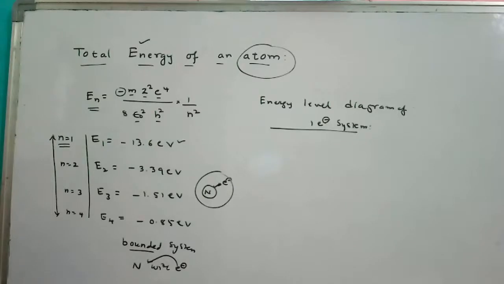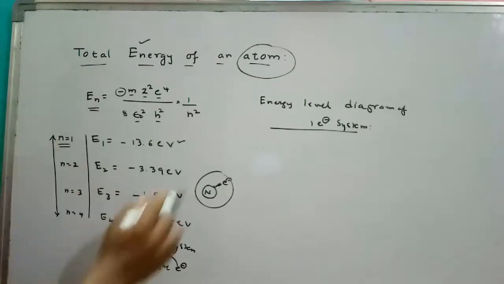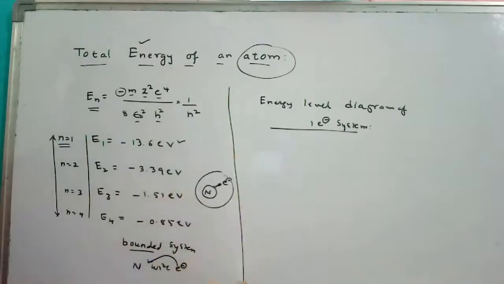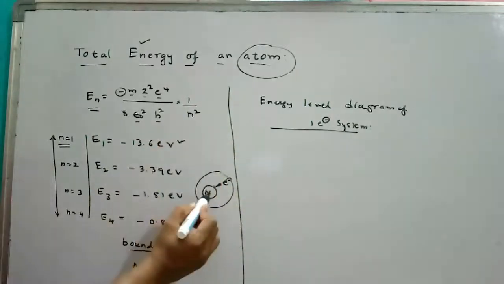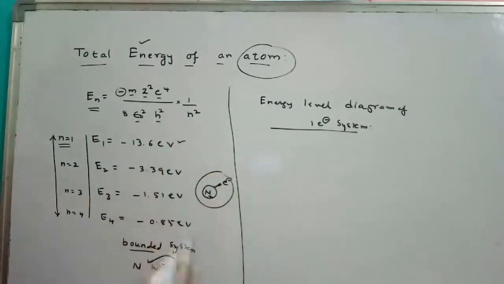If it is positive energy, it is not a bounded system, and the electron will go out from the atom. So because of this negative energy, the electron is bound to the nucleus. The nucleus is always positive, this is negative.